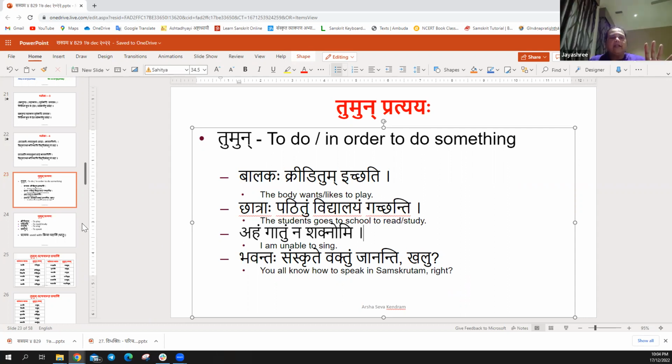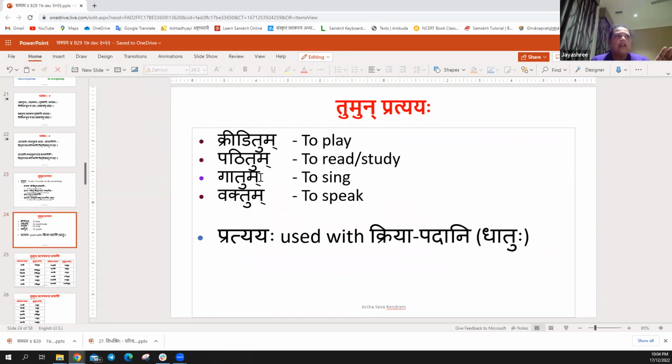All right. So Tumun, I think we'll do some exercises as well. Kriditum, to play. Patitum, to read. Gatum, to sing. Vaktum, to speak. I think we'll do some sentences with this, so that I can know that you understood. Chhatraha kriditum ichchanti.